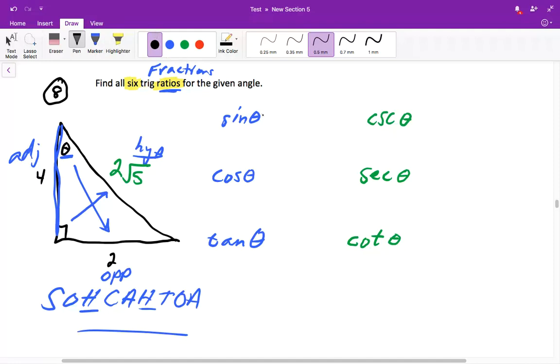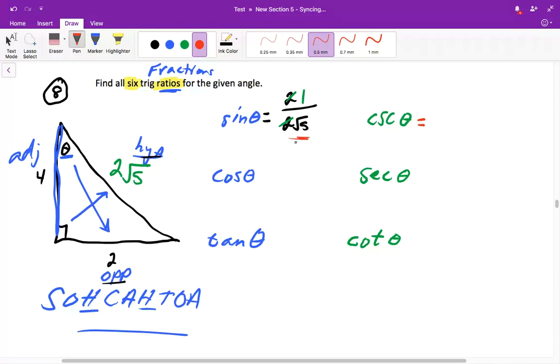All right, so our sine we know is equal to our opposite over our hypotenuse. So here's our opposite, here's our hypotenuse. So our sine is 2 over top of 2 root 5. All right, then we will simplify. 2 and the 2 can reduce, so we're left with 1 over root 5. Before we rationalize our denominator, flip it for our cosecant, because we know it's our reciprocal.